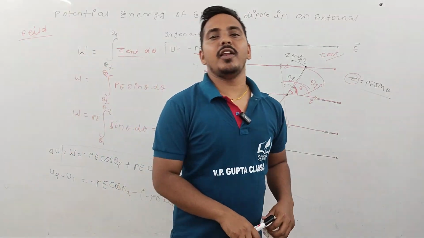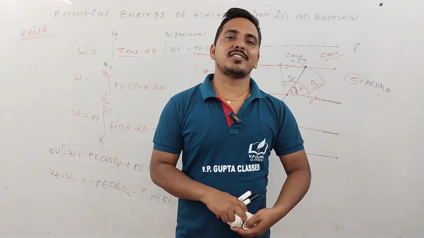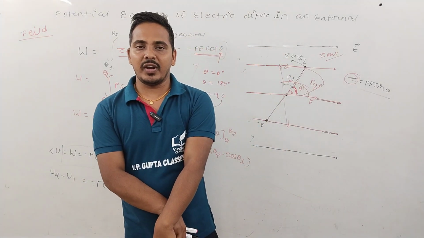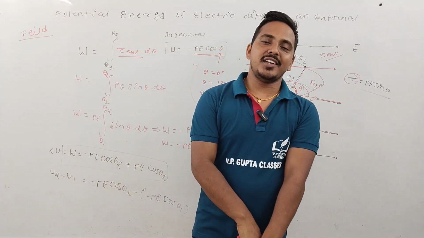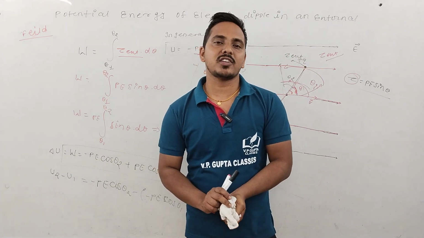That's all today. In the next classes I will explain the force and acceleration of a charged particle when it is kept in an electric field and starts from rest.